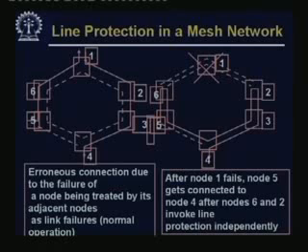Now, line protection in a mesh network, and here what might happen is an erroneous connection due to failure of a node being treated by its adjacent nodes as a link failure. This is one case where the so called race condition might happen. Say node 1 has failed.